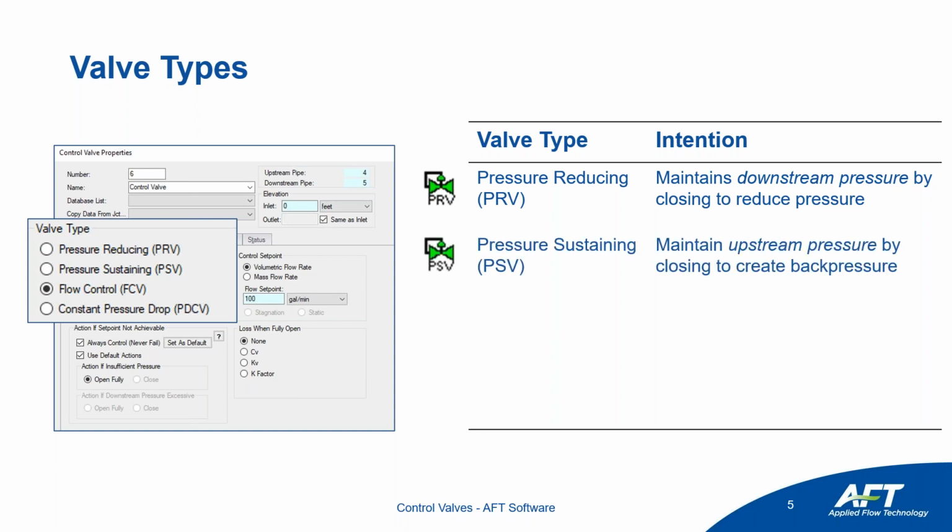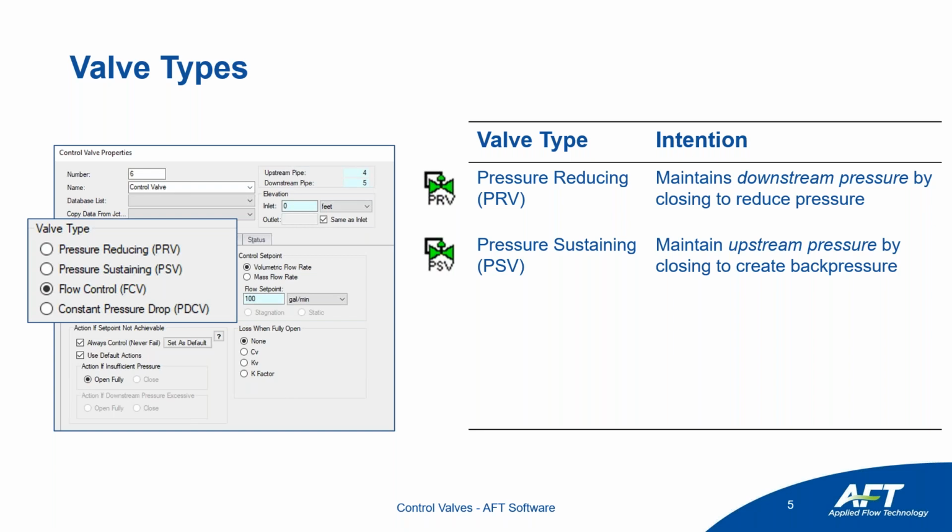We can also look at the other side of the valve, looking at a pressure sustaining valve. And in this case, we're maintaining the upstream pressure instead. This could be common if you're trying to create back pressure. And again, the methodology is the exact same. By creating pressure loss through the component, the way I like to think about it is you're concentrating the frictional loss within the control valve. That creates back pressure because overall the system will reduce flow. There will be less friction overall.